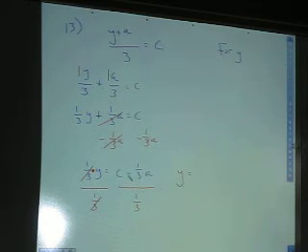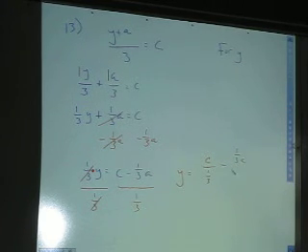On the right hand side, we have this entire fraction divided by 1/3. Well, I can split that up and think about it as c divided by 1/3 or minus 1/3 a divided by 1/3, and then we can simplify that.